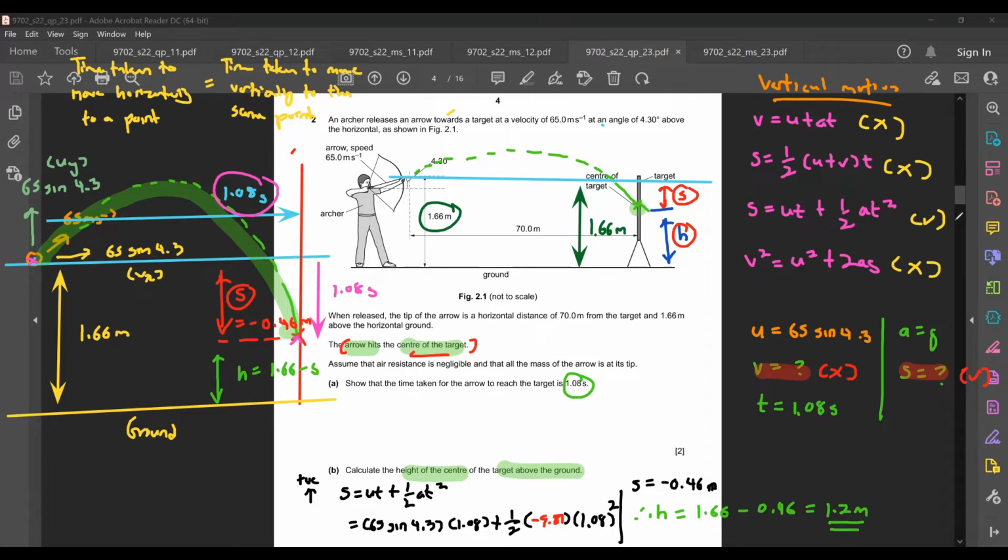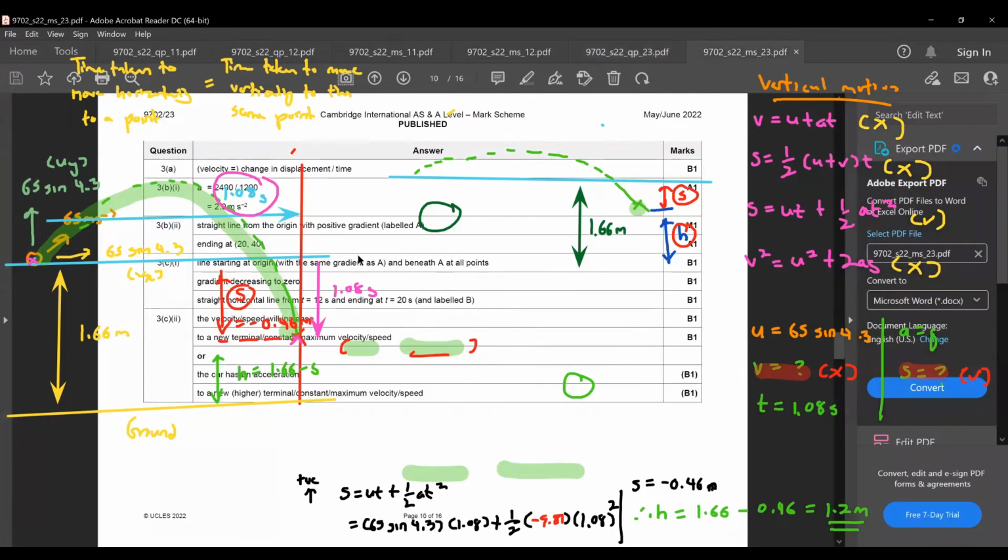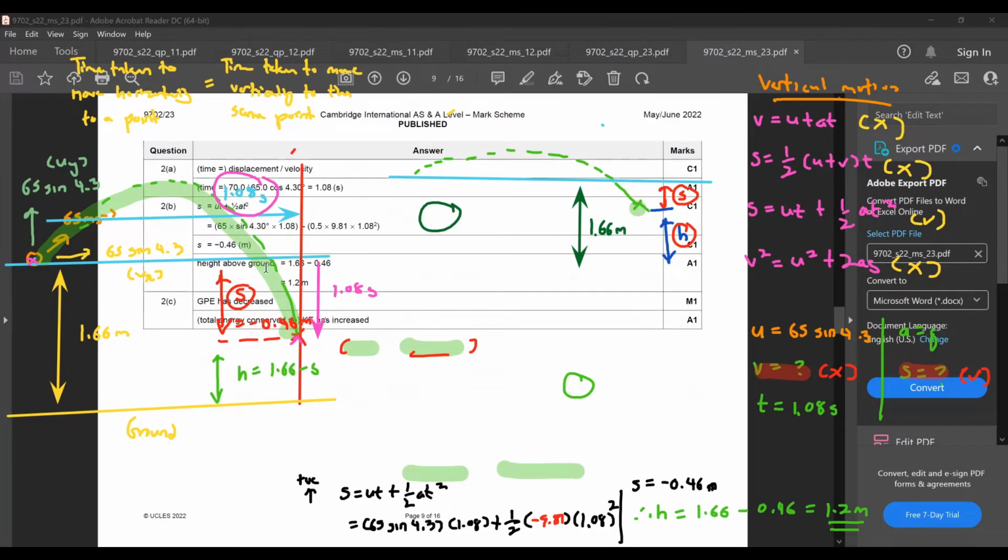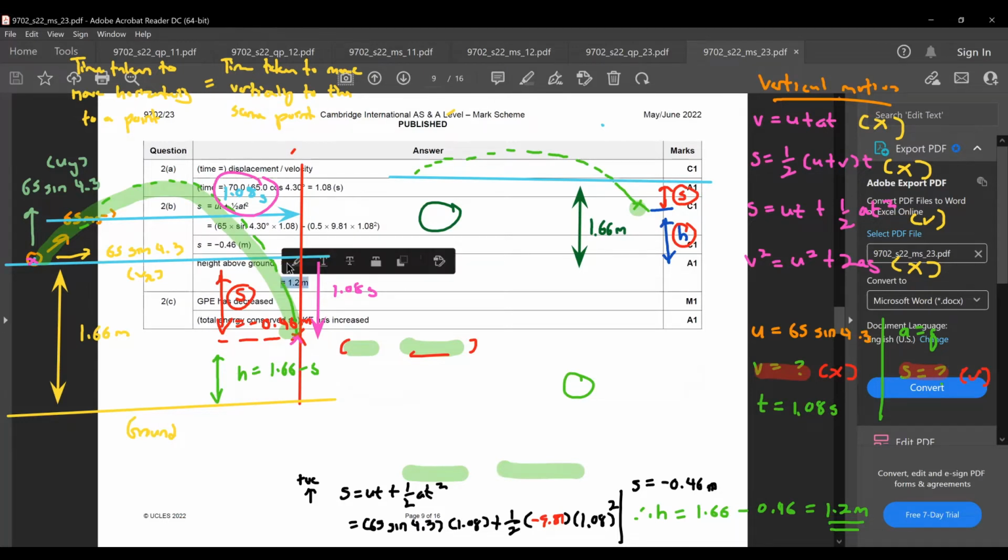This one should be your answer, I hope. Yeah, 1.2 meter. Use s equals ut plus half at squared. That's where 1 mark comes from. Find out your final displacement at 0.46 meter. That's your other mark. And then height above ground is finally 1.66 minus 0.46. Okay, so this is one question for kinematics.